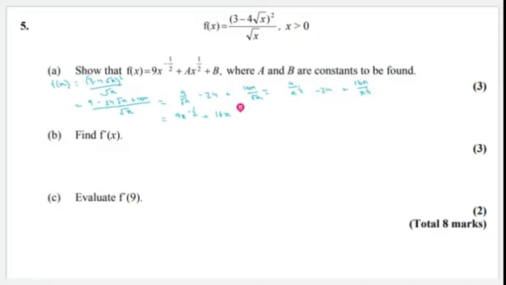It's all good. When you get a show-that question, it should almost be like, oh yes, now I know whether I'm making a mistake at any stage or not. Then 1 minus a half gives me a half, which is what they're asking for.